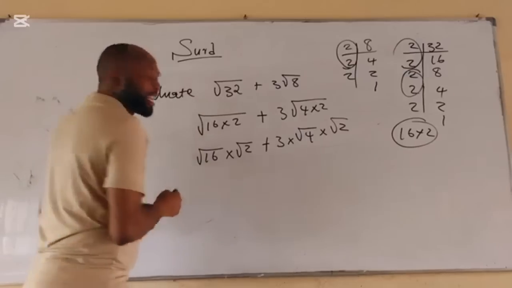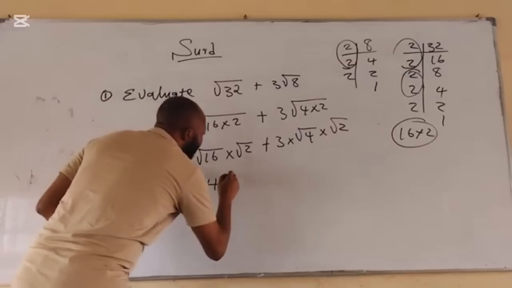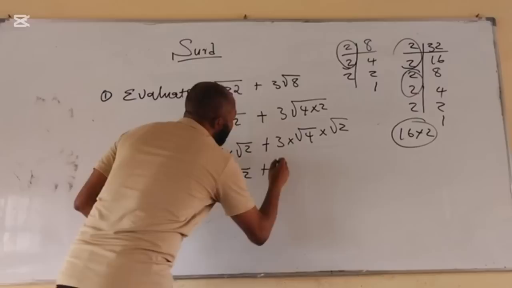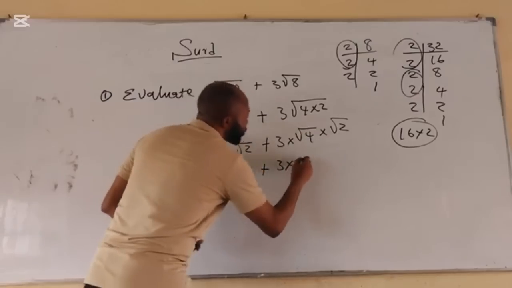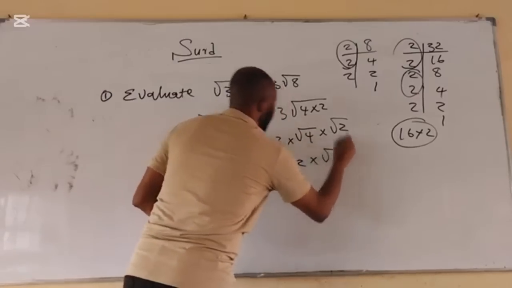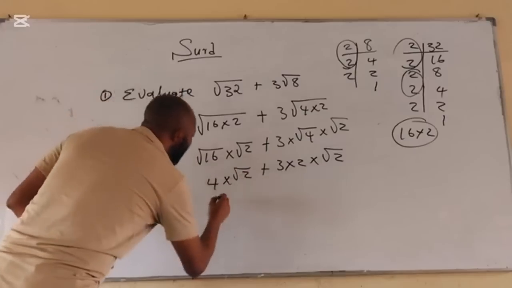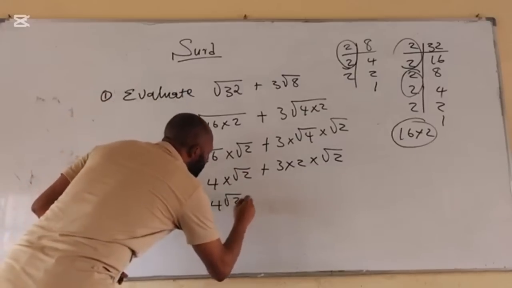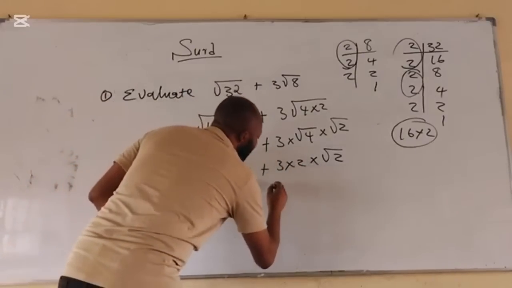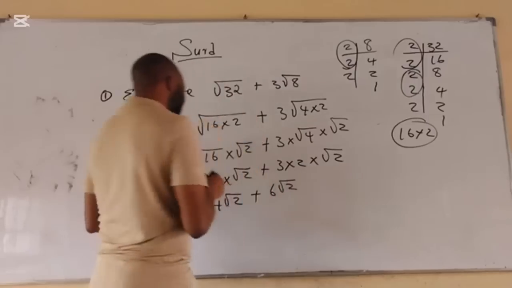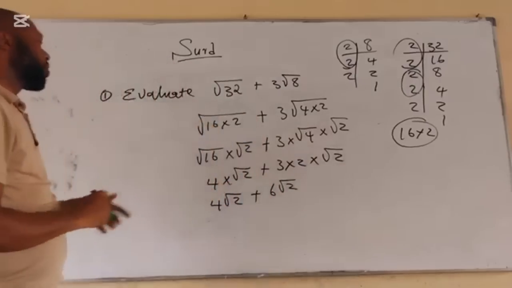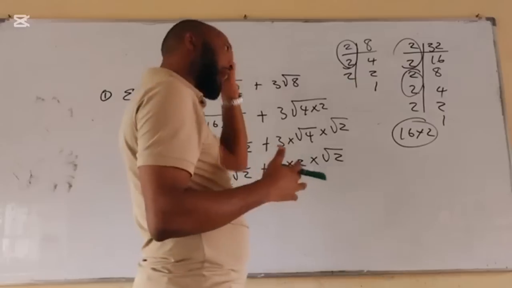Root 16 is 4 times root 2, plus 3 times root 4 is 2 times root 2. Now, this gives me 4 root 2 plus 3 times 2, 6 root 2. Remember, we say we can only add surds that are similar.